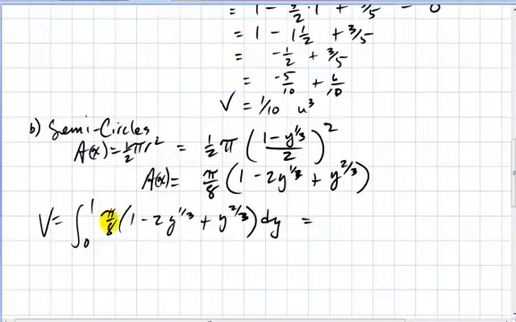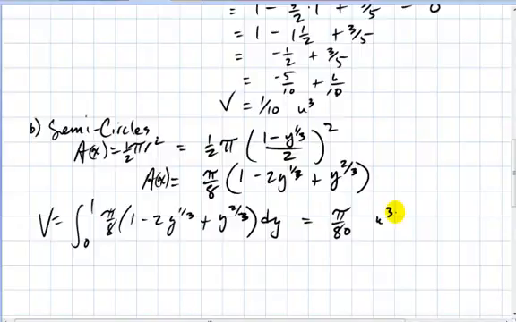This time my constant is pi/8, as compared to before. So I just take my previous answer 1/10 and multiply it by pi/8. I'm going to get pi/80 as my final result here. So I'm just going to state it since it's fairly simple: pi/80 cubic units. You can verify that in the calculator as well.